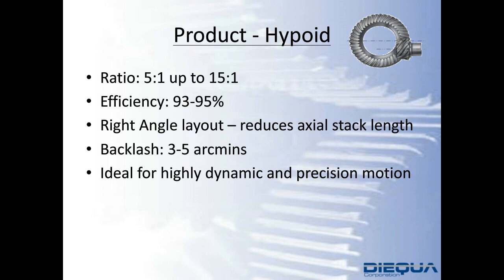The backlash on these units is typically 3 to 5 arc minutes, so you are seeing some ability for precision. A hypoid unit can handle very dynamic and aggressive motion, typically in the constructions and the bearing supports. The robot flange in a hypoid is through a set of taper roller bearings, right? On the much larger units, you could see units going up to 700 newton meters of torque capacity. On the low end, you'll be something near closer to 40 newton meters.